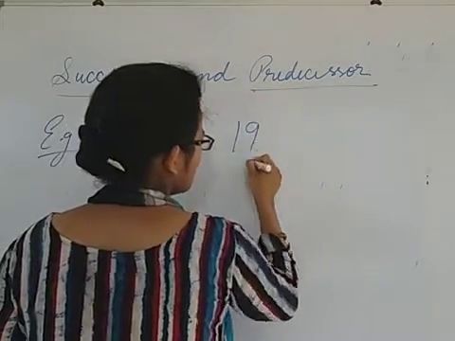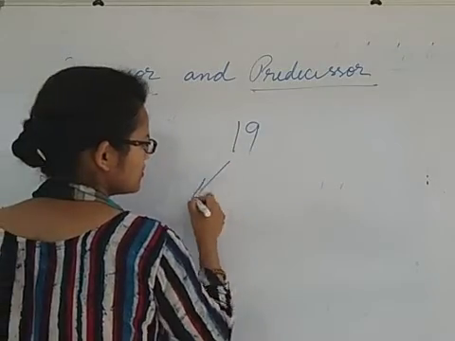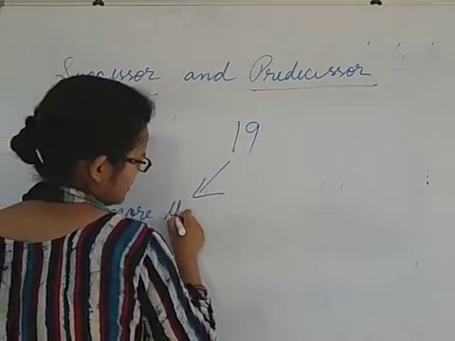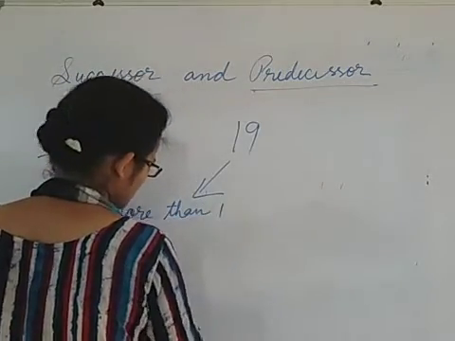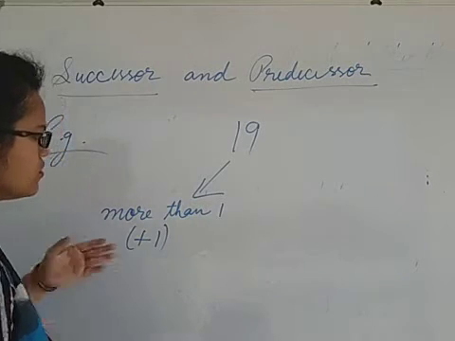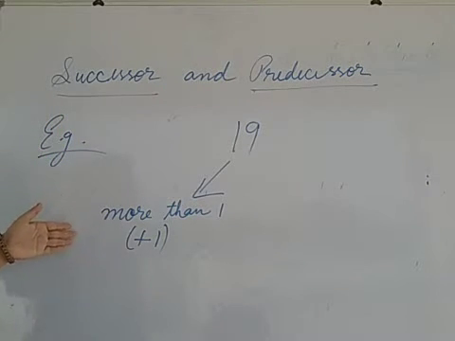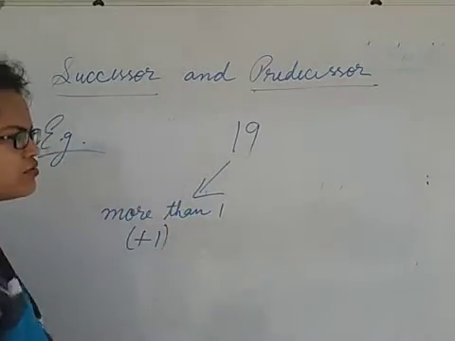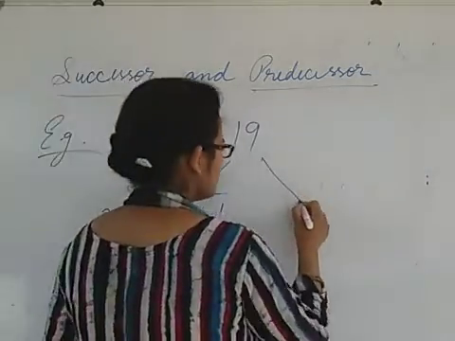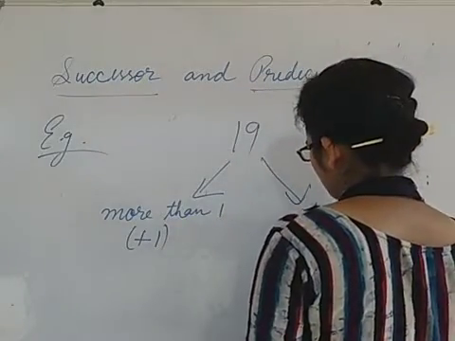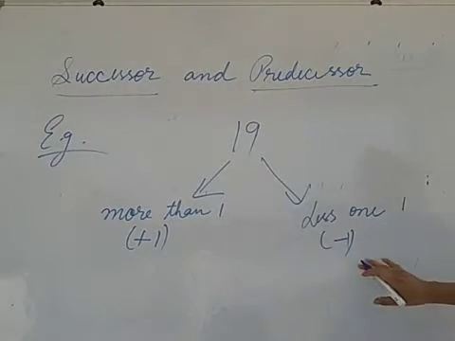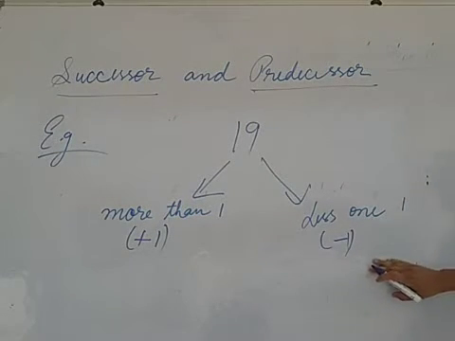If in any given number we do an increment of 1, means more than 1, means plus 1, this new number is known as the successor of the original number. And if we do less than 1, means minus 1, the newly formed number is known as the predecessor of this number.